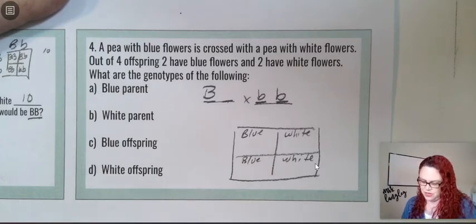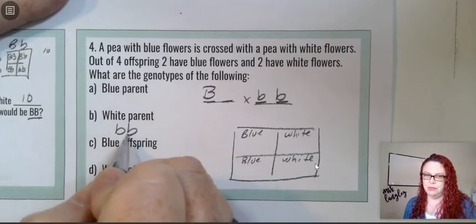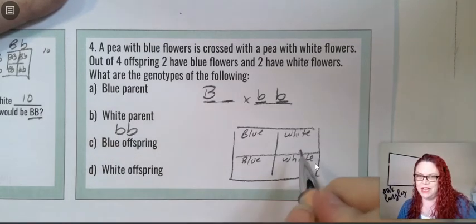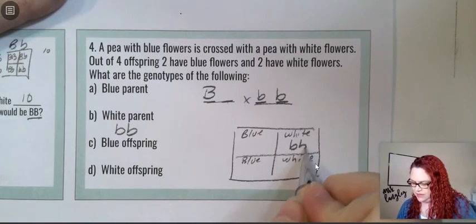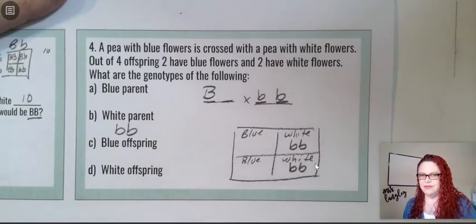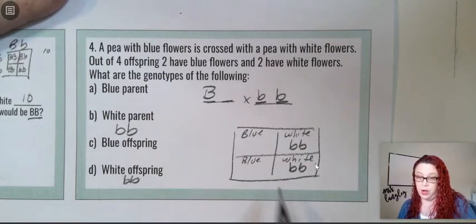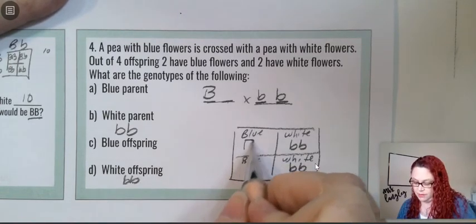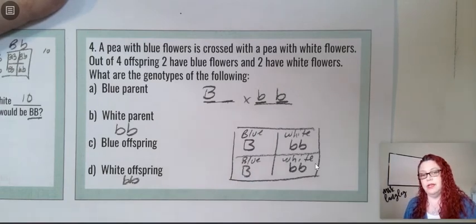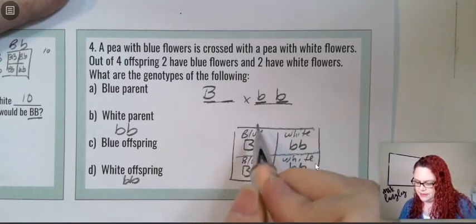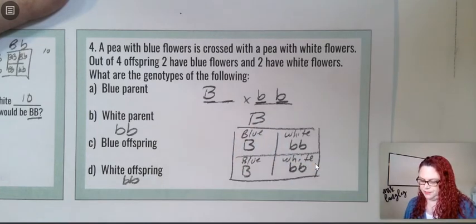Well, I already figured out that the white parent is little b, because white has to be little b. But I have white here, so that means these must be this. So I figured them out. Now, if these are blue, we already said we have to have 1 of the dominant gene, but I don't know what the other one is. Okay, now I know they had to get it from this parent, so I'm going to put that big B there.